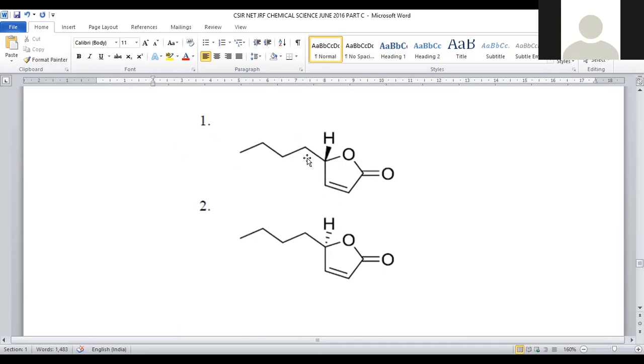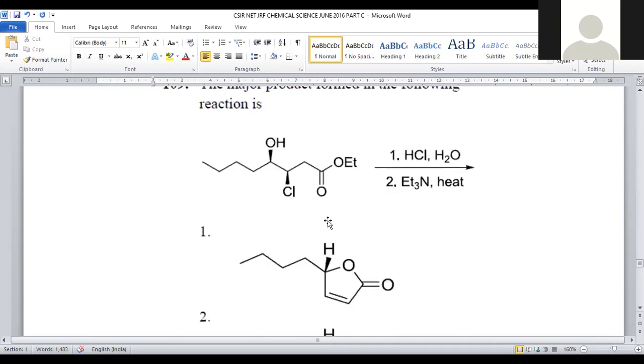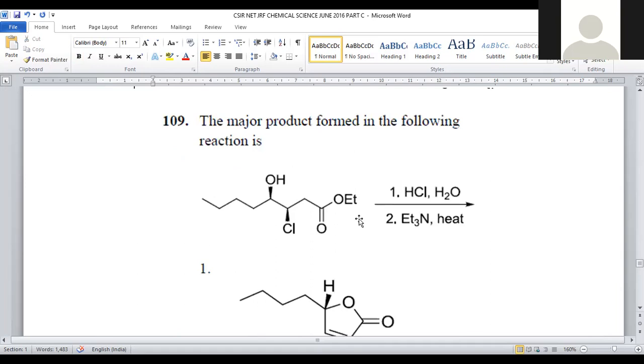If hydrogen is on the front side, what happens? This entire bulky group should go away from the wedge. This is not the correct stereochemistry, right? So let us see in brief what the mechanism will be. First, we are adding HCl. What will HCl do? The ester will be protonated, so that ethanol will be discarded, and the carbocation generated will be cyclized by this OH. So we got the cyclic lactone.